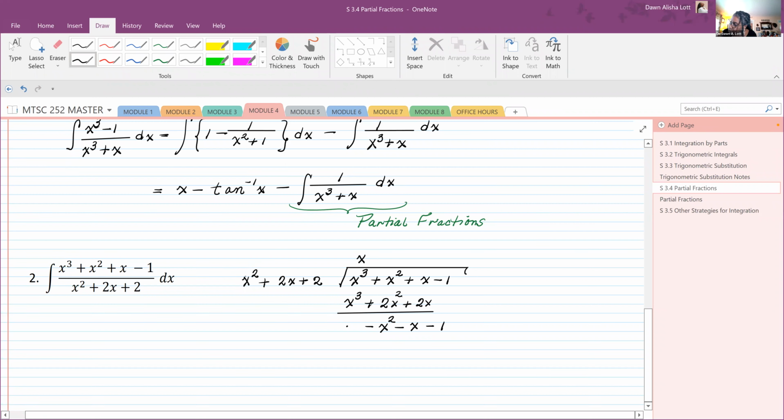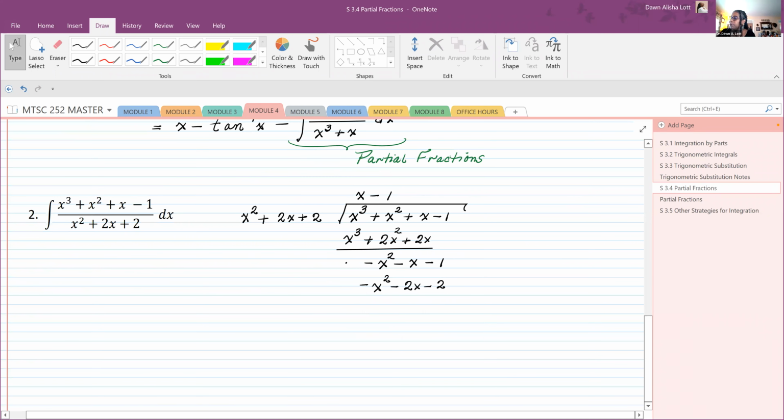Okay, so x squared goes into negative x squared minus 1 time. So -1 times x squared is negative x squared. -1 times 2x is negative 2x. -1 times 2 is negative 2. I got to subtract first before I bring down.